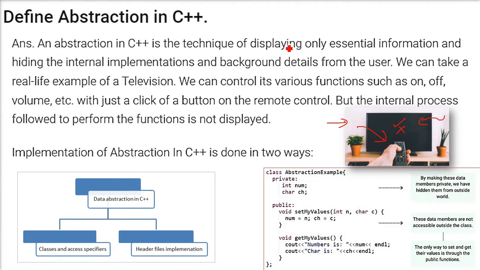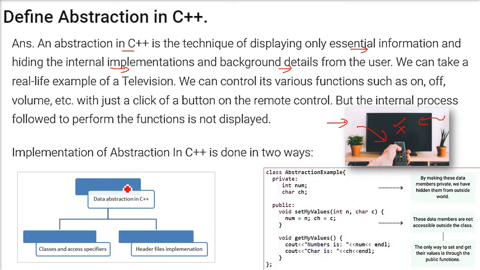So abstraction in C++. Previously in structural programming, everything was open. So abstraction in C++ is a technique of displaying only the essential information and hiding the internal implementation and the background details from the user. Why should we show it when the user doesn't want it or is not interested in it?